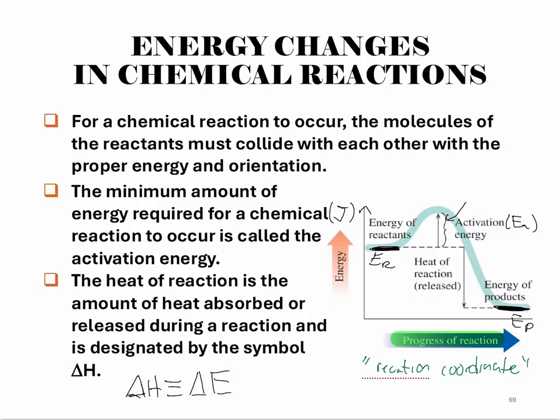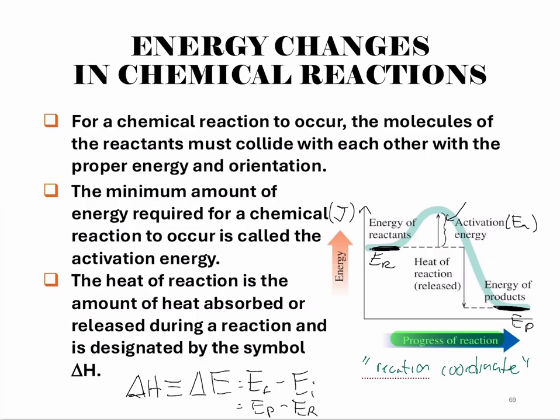Change. And how do we express that mathematically in terms of two values? The final minus the initial, right? So this is something like E final minus E initial, which in this case is the product minus the reactants, right? So this is equal to the energy of the products minus the energy of the reactants.